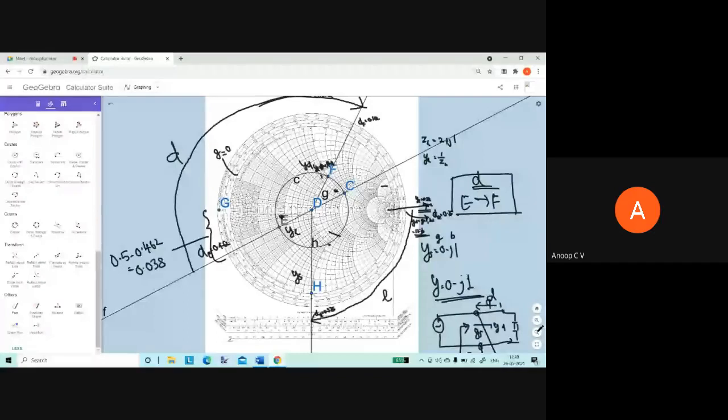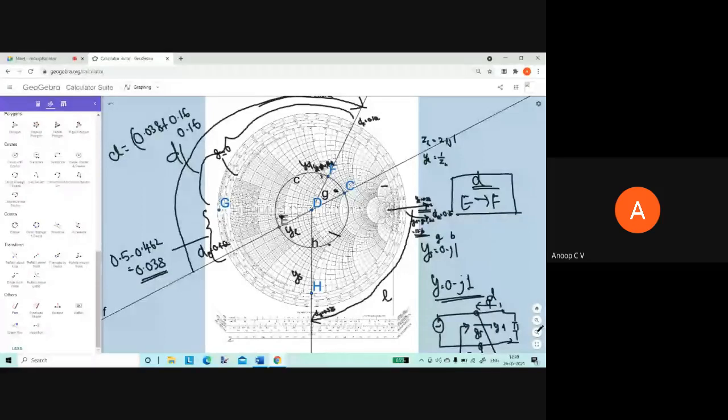So this distance is 0.038, and this much distance is 0.16. So D is nothing but 0.038 plus 0.16, this much times lambda.